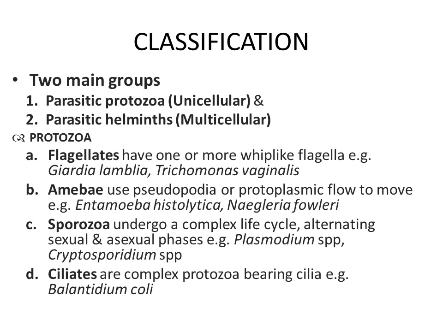Flagellates have one or more whip-like flagella. Example: Giardia lamblia, Trichomonas vaginalis. Amoeba use pseudopods or protoplasmic flow to move. Example: Entamoeba histolytica and Naegleria fowleri.